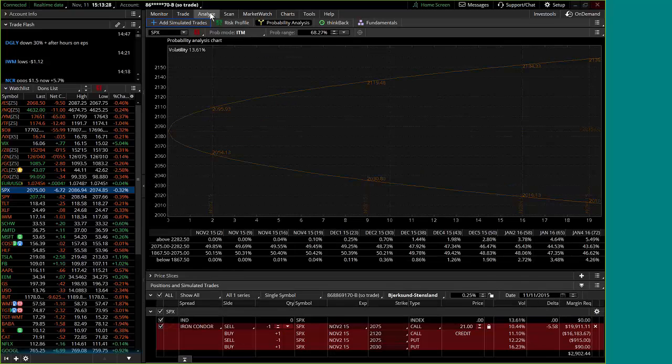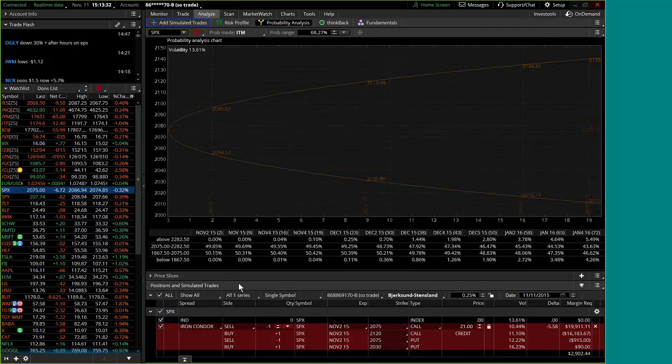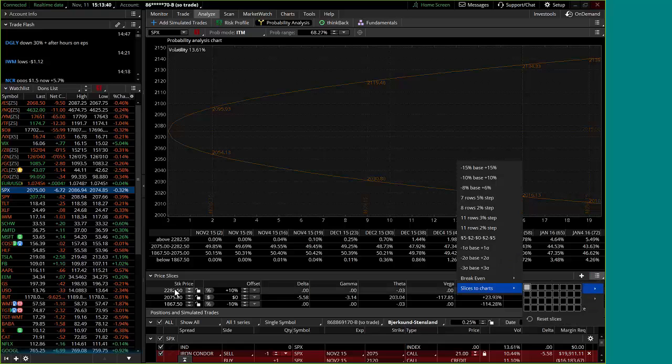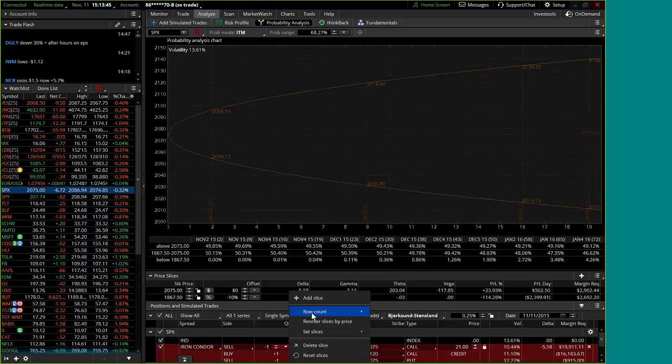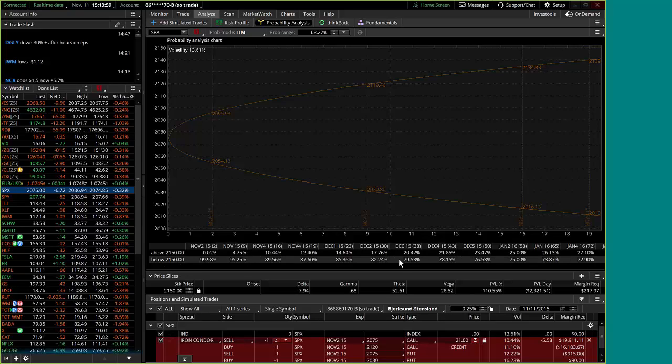Let's go over to the Analyze tab and again look at the 2150 strike. Go into price slices and delete a bunch of slices over here. Just type in a slice at 2150, enter. Now let's look 37 days out. What's the probability of being below 2150?